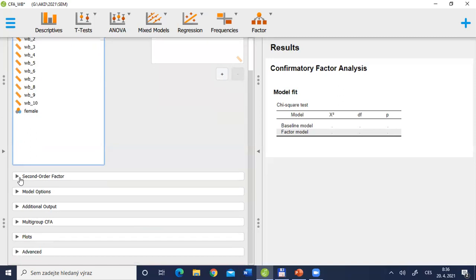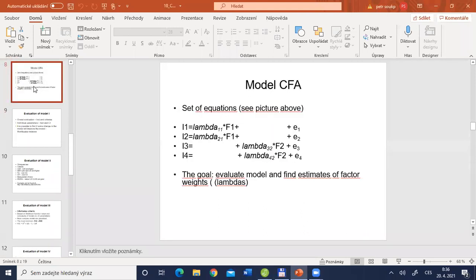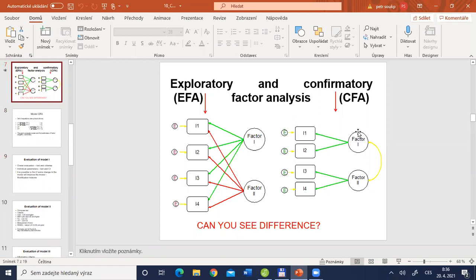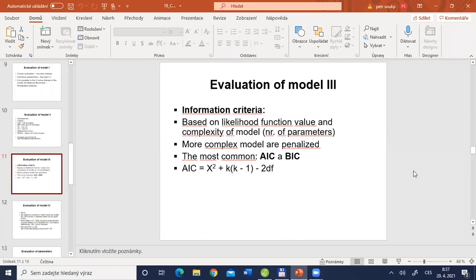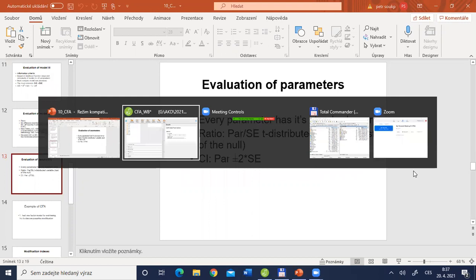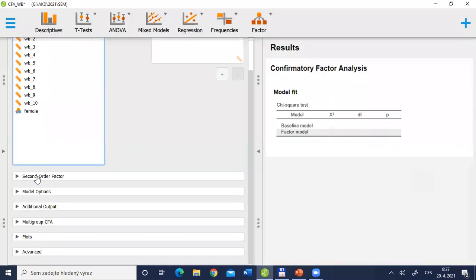Sometimes in factor analysis, if I go back to my picture, we can also expect that not only are factors created by these items, but maybe behind these factors there is something like a common factor for these two factors. This factor would be called a second order factor. Sometimes, especially in psychometrics or educometrics, you can find these solutions. We wouldn't discuss these second order factors, but if you would like to apply it, you can apply it here. So we would skip this option.